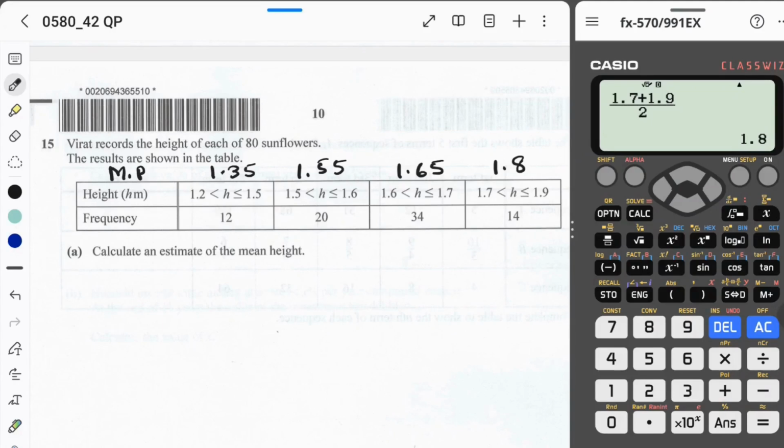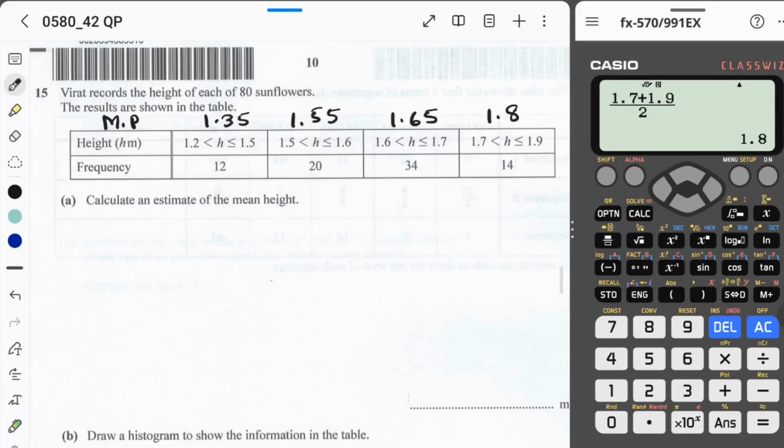Alright, so we got all the midpoints. Now we are going to find out the mean in this question. You can also do one more thing: you can find each fx, like 1.35 and 12 multiplied together, and write it down here, or you can write down each and everything below. Okay, it's up to you.